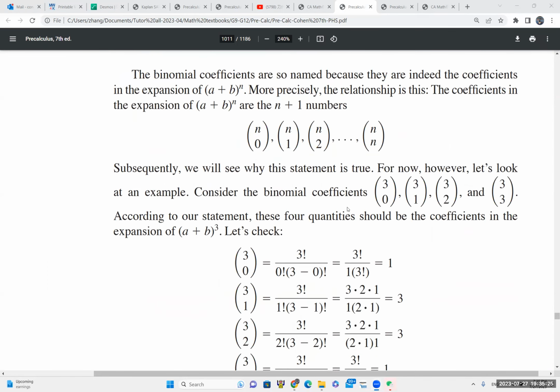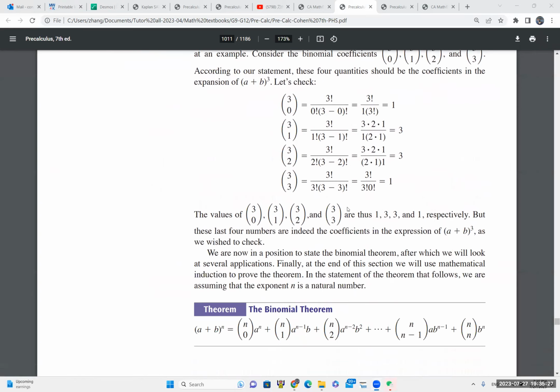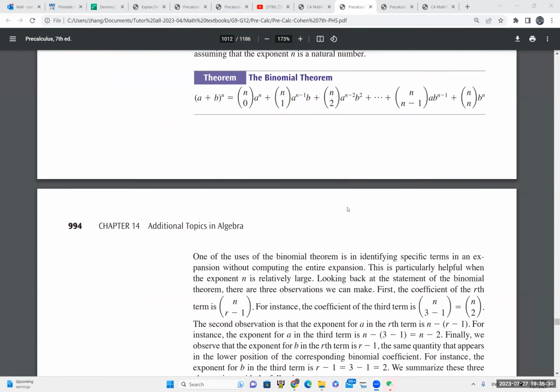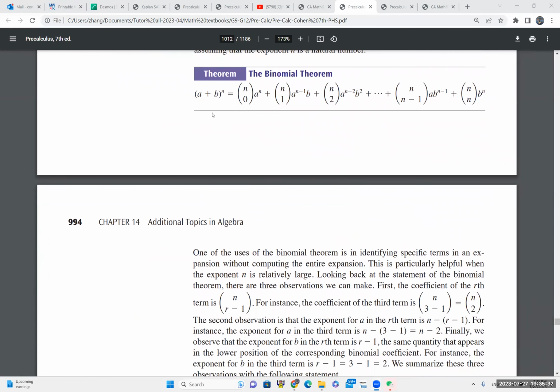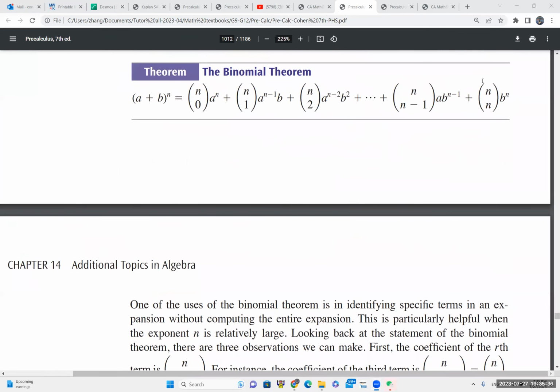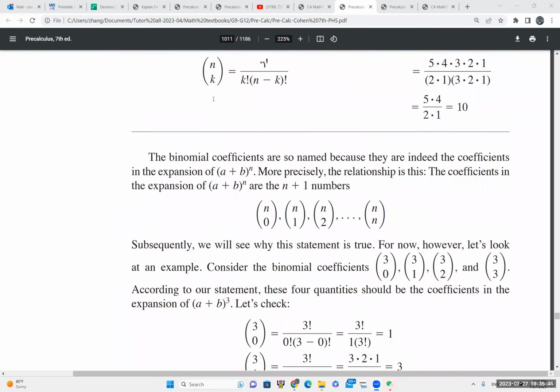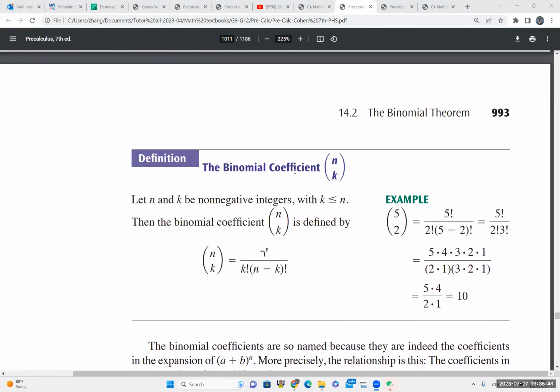Now let's go to the theorem. Just see here. The binomial theorem. When you expand it, there are n plus 1 terms, right? Its coefficient is called the binomial coefficient, right?